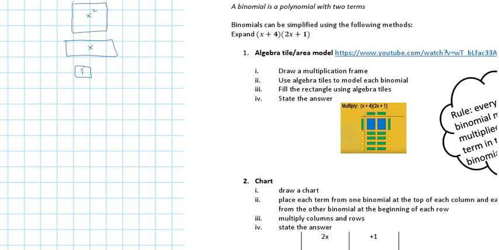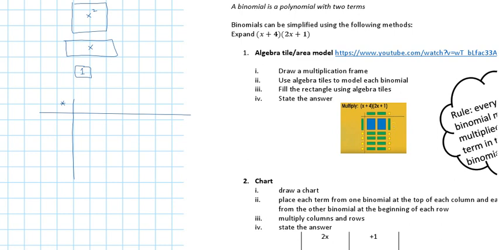So x squared is a square, x is a long rectangle, and a small square represents the unit 1. If I have x plus 4, I'm going to set up a table, and there is multiplication between the two. So I have x plus 4 in one column, and 2x plus 1 in the row.